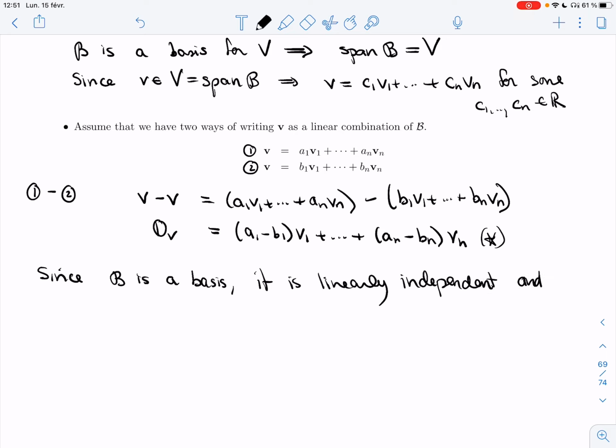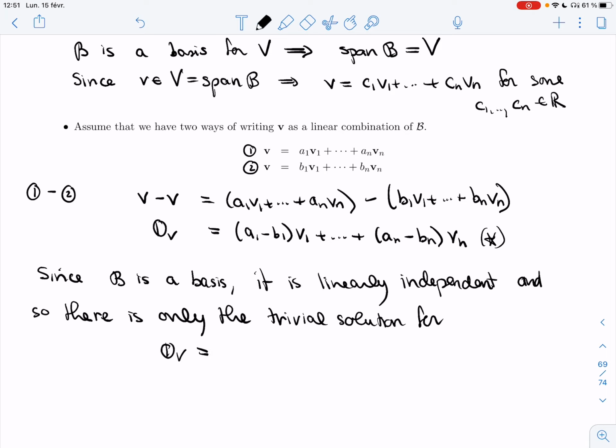And so there's only the trivial solution for 0 equals, let's call them, d1 v1 plus ... plus dn vn.